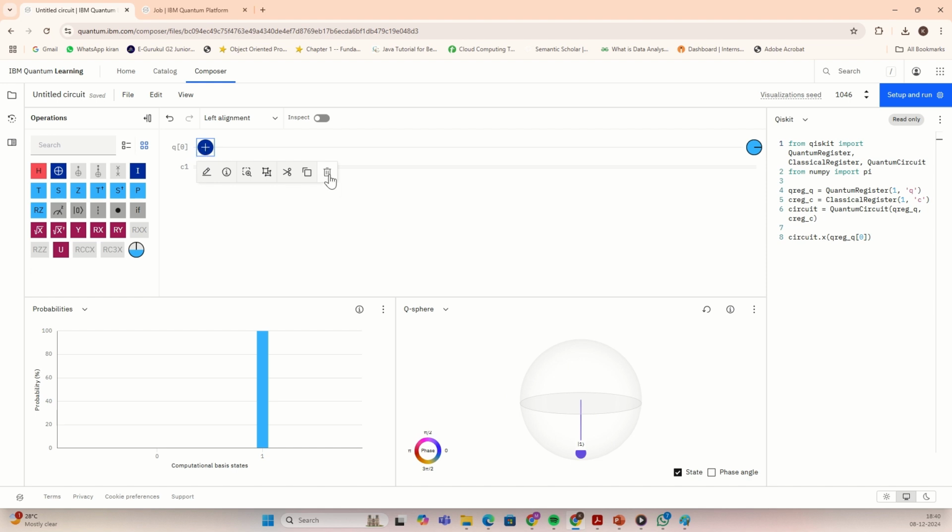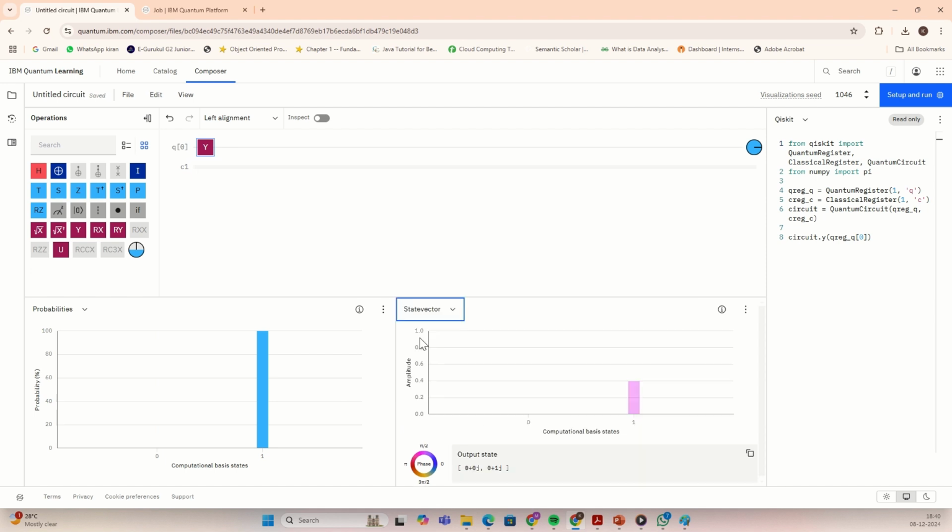Now we will see how the Pauli Y gate operates. Now the input is |0>. If I apply the Pauli Y gate over here, it shifts the phase and it also changes into a complex number.